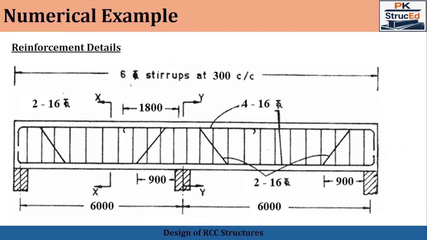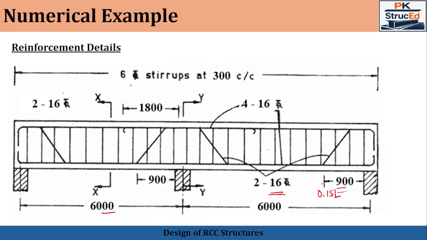Now let us go with the reinforcement details for this continuous beam. The effective span has been given as 6 meters, in which the reinforcements provided are 4 numbers of 16 at the bottom and 4 numbers of 16 at the top, in which 2 numbers of 16 have been bent up from the bottom to the top near the support at a distance of 900, that is 0.15 L, the cranking portion.